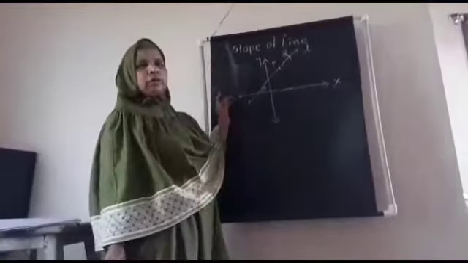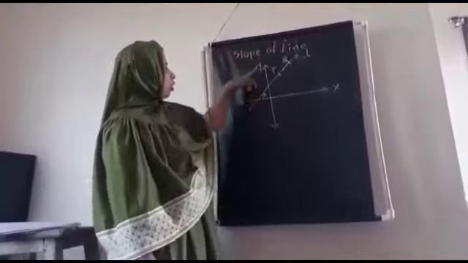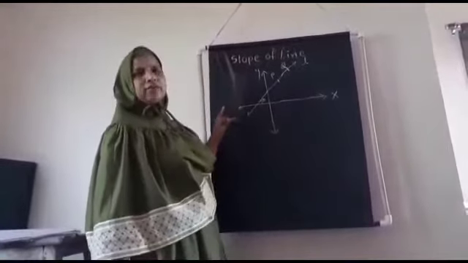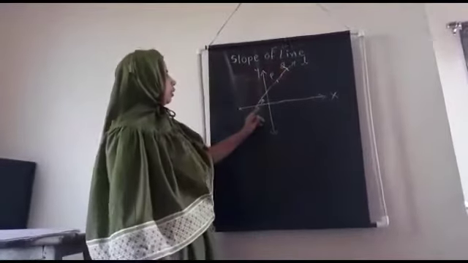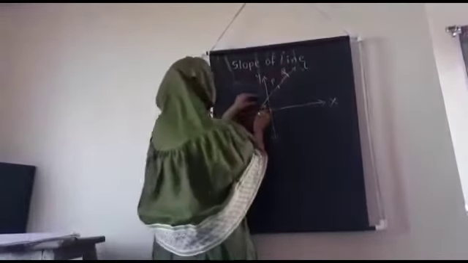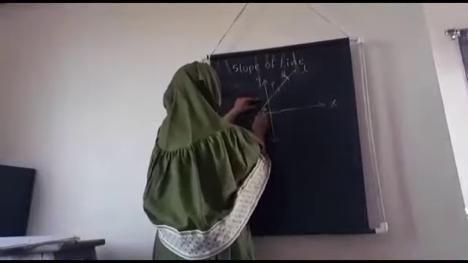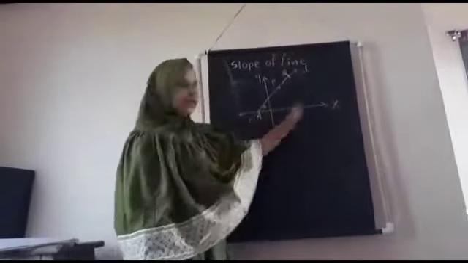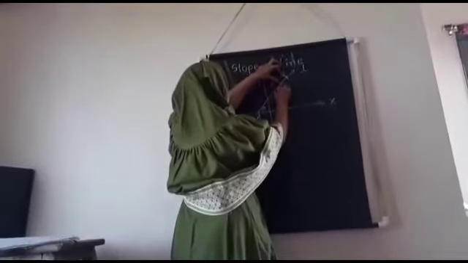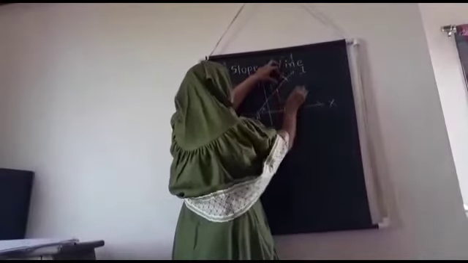Now on the plane with x-axis and y-axis, the line L is given. Line L intersects the x-axis at point A, where it makes the angle theta with the x-axis. Now consider point P and point Q on the same line. From point P, draw the perpendicular to the x-axis.